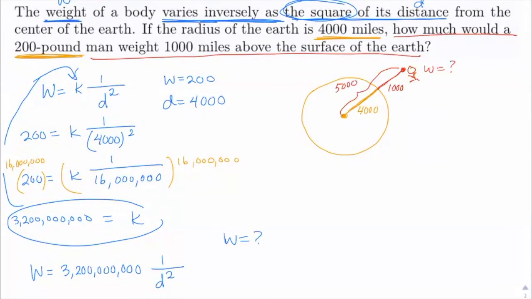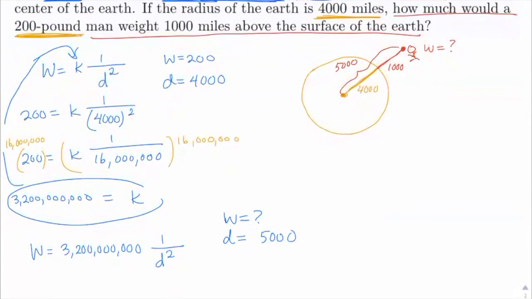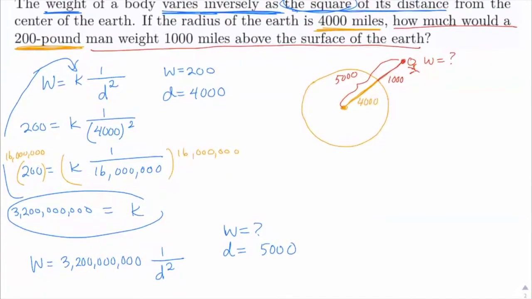Okay, so what this is saying is, what is W? So I'm going to draw a question mark here. When the distance of the man from the center of the earth is 5,000. So I'm going to go ahead and plug in 5,000 for D and solve for W. I'll do it up here. W equals 3,200,000,000 times 1 over, distance is now 5,000 from the center of the earth, so 5,000 squared.